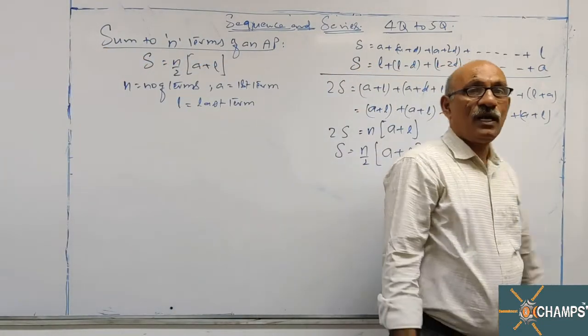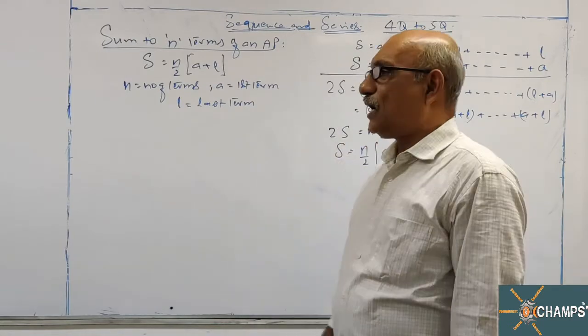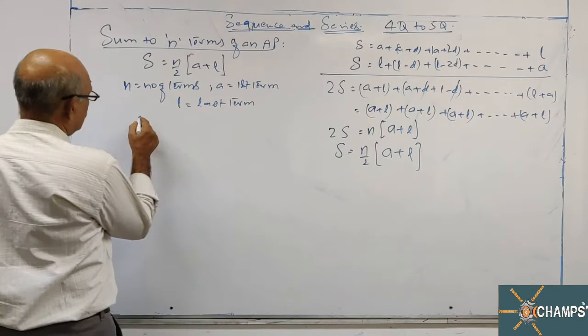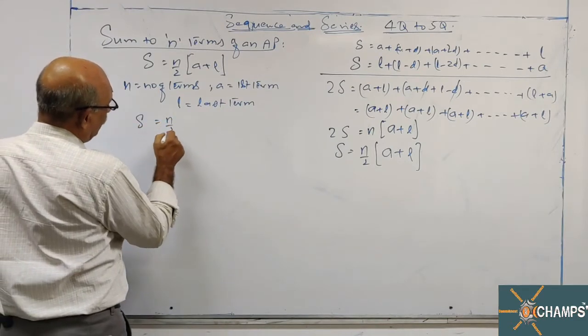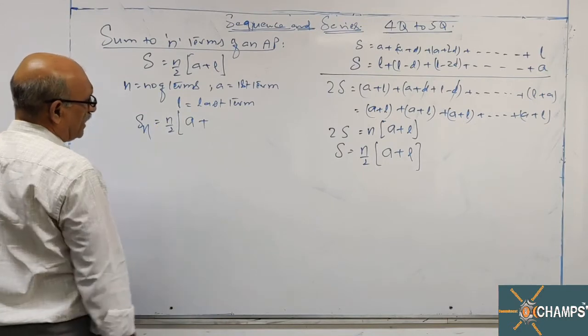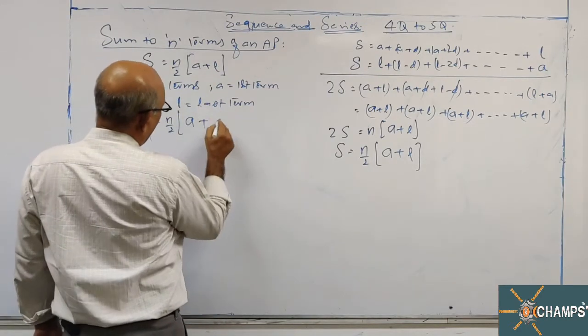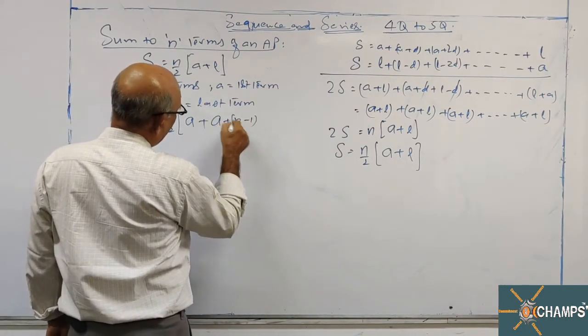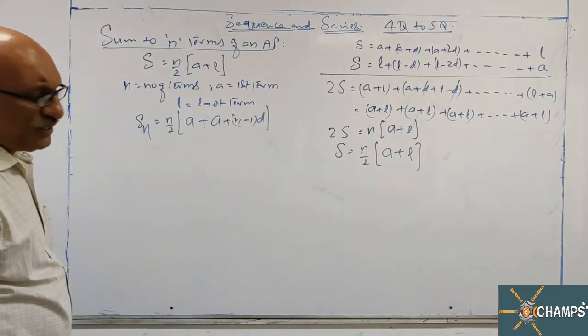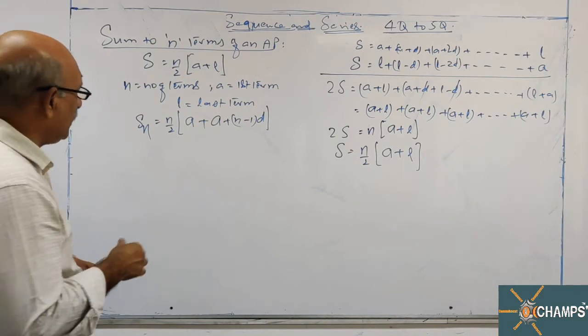Now you can write the formula in terms of the common difference also. S is equal to n by 2 into a plus l, where l is replaced with a plus n minus 1 into d.